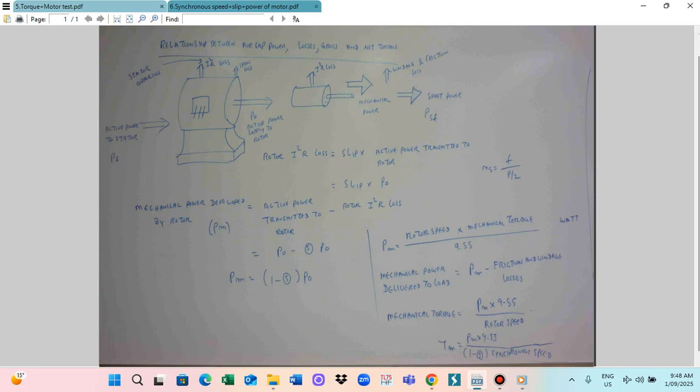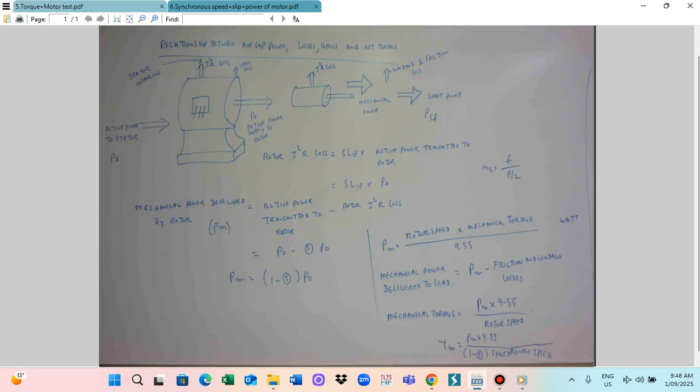The mechanical power developed by the rotor can also be calculated as Pm equal to rotor speed multiplied by mechanical torque, divided by 9.55.